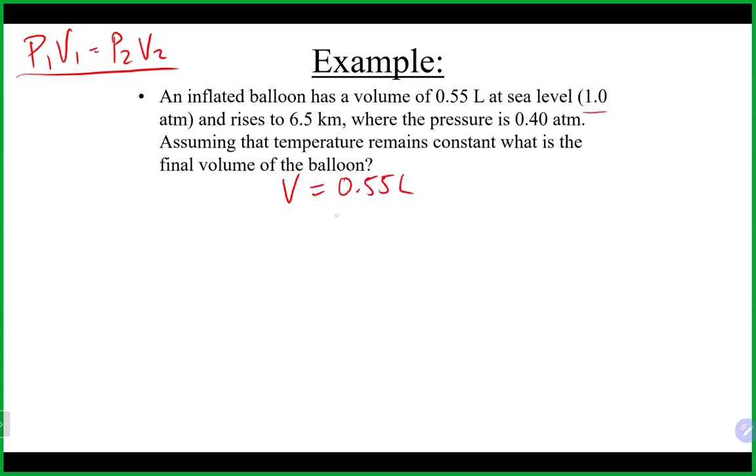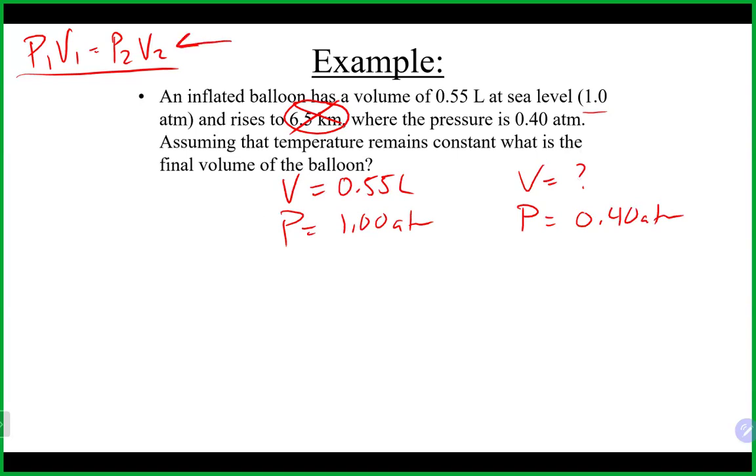We have 1 atmosphere, which is a pressure. We have 6.5 kilometers, which is useless in this problem. We have a pressure, which is 0.4 atmospheres, and we are looking for a volume. So just by labeling everything, it should definitely point you to this equation here.